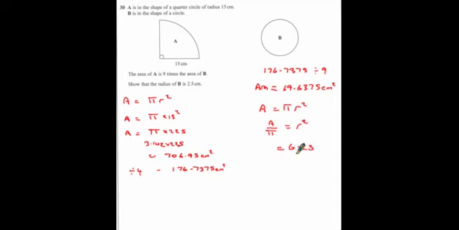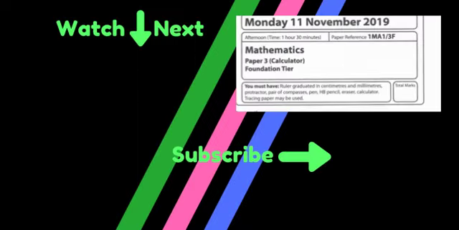That is the radius squared. So to find the radius we need the square root of 6.25, and that is 2.5 centimeters, which is what we were asked for. And that completes the November Paper 3 2019 Foundation Maths paper.